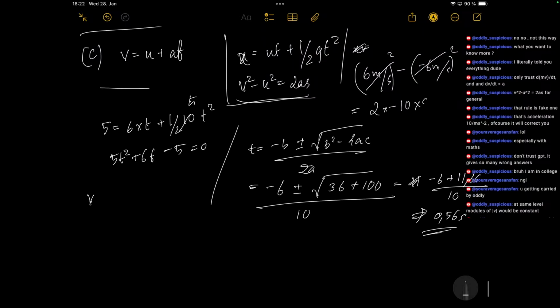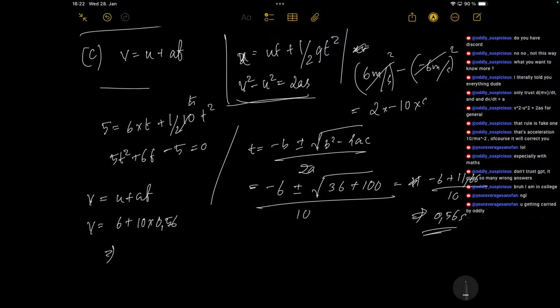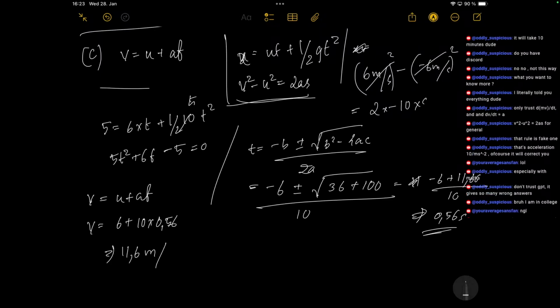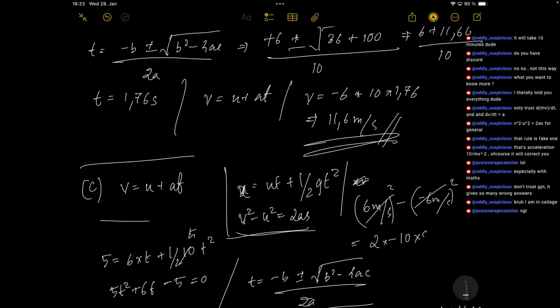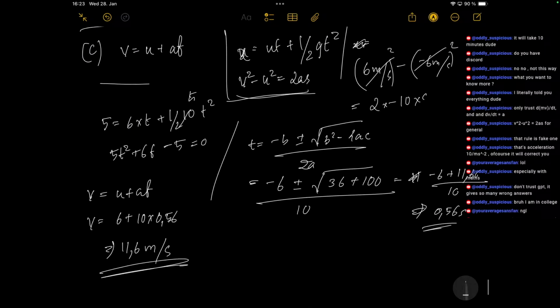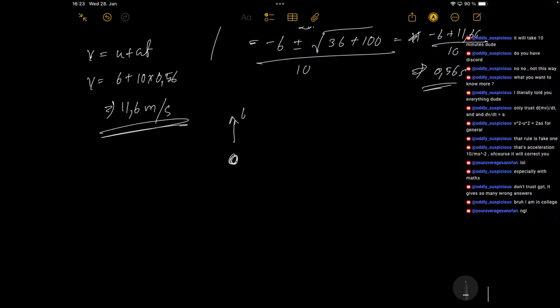Now we use v. That's crazy. That's a cool one. It does not matter if you throw the stone above at 6 meter per second or downwards 6 meter per second.